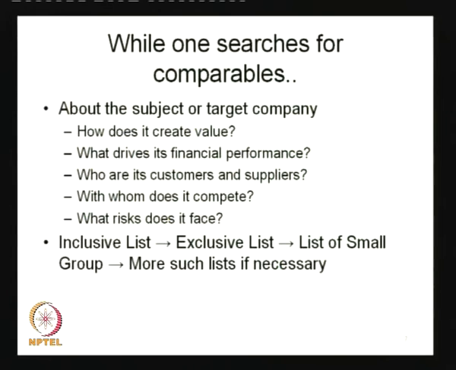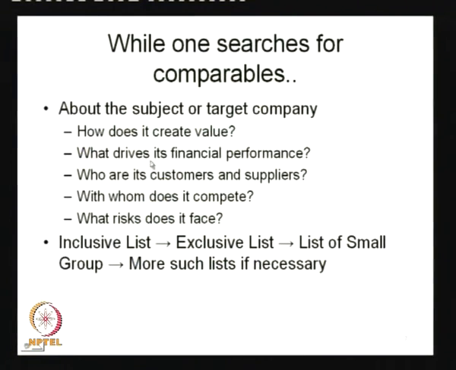And similarly, we have some other things that we talk about. Ultimately, we have an inclusive list, that is, the list of all types of companies in that particular sector. Then, based on the conditions we discussed, how it creates value, what drives the financial performance, who the customers are, we get an exclusive list. Then we do one more filtration.